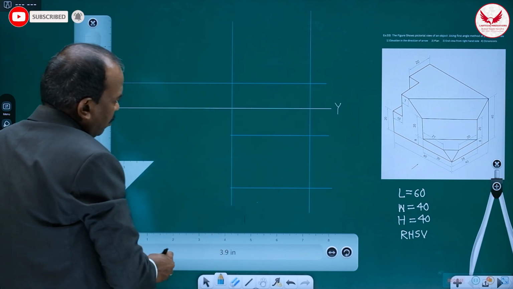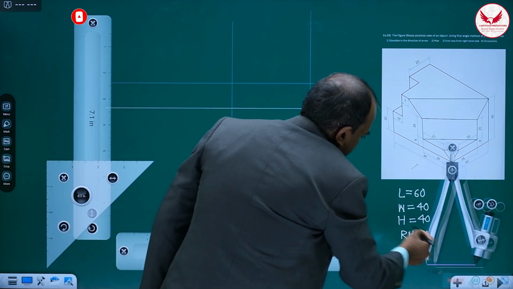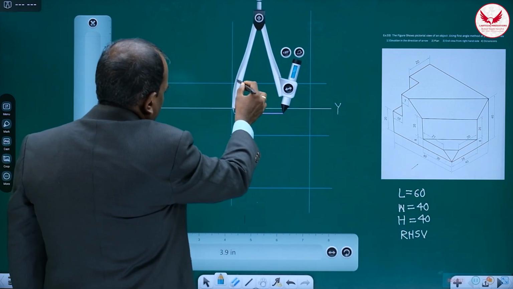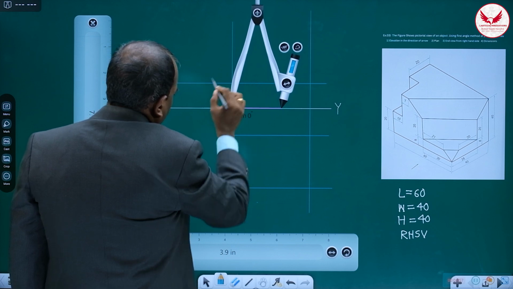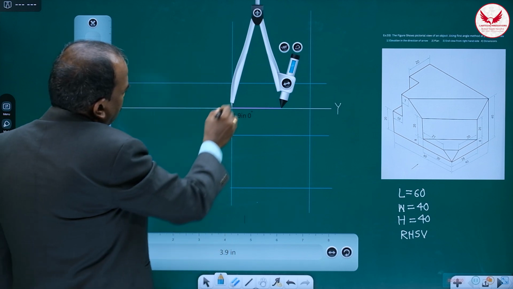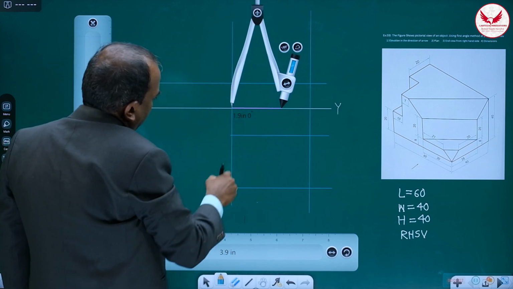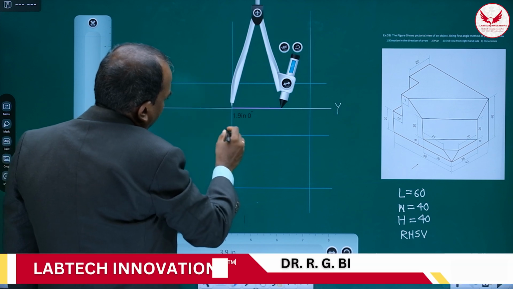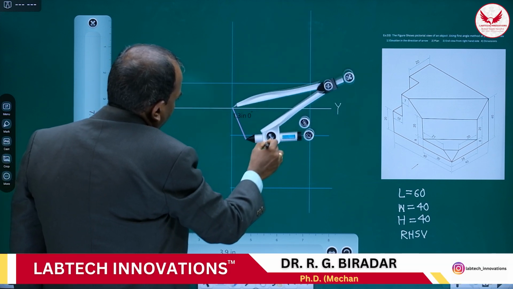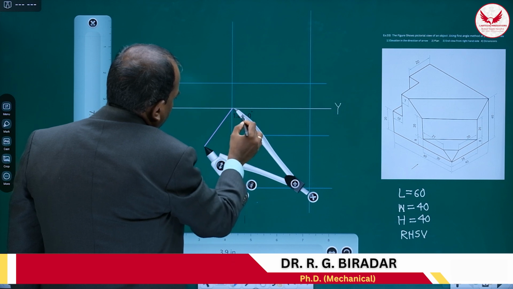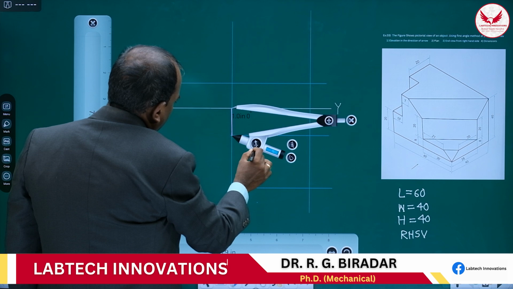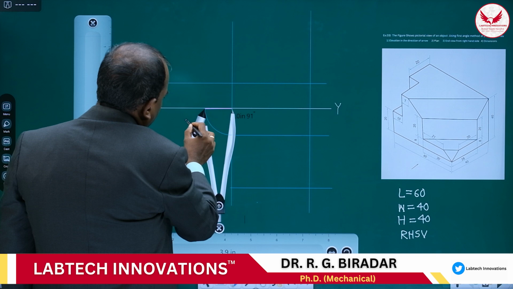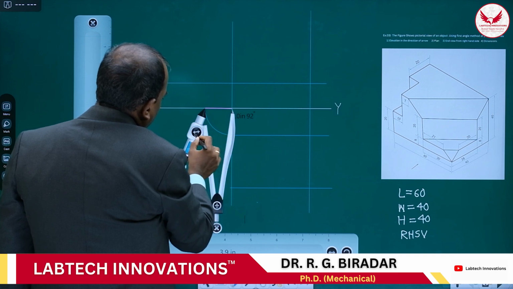Once we mark this block, take the compass. This point is very important: the second generator or second vertical line, where it intersects the XY line. From that point we can rotate it like this, a 90-degree rotation.